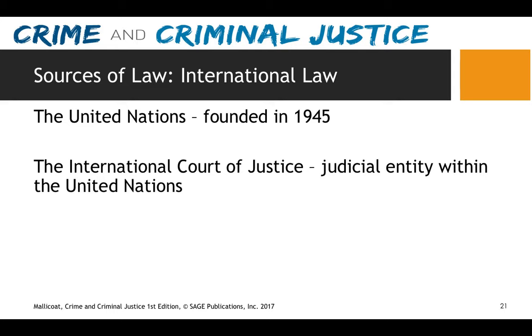So if they have enough evidence to try someone, so I believe in the Rwandan genocide, or maybe in Yugoslavia, they were able to try some of the leaders there, and it was done here in the International Court of Justice. Feel free to search anybody who's been tried here, or we could discuss it in class. But yes, this is where they'll try these individuals, and this is like a world court to handle world issues.